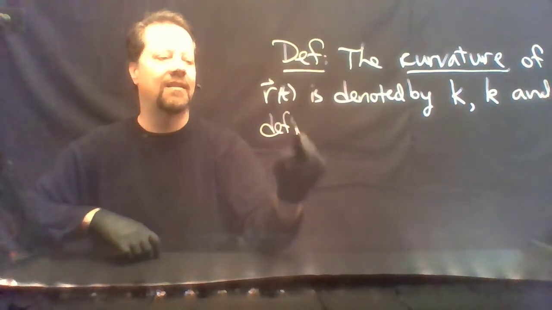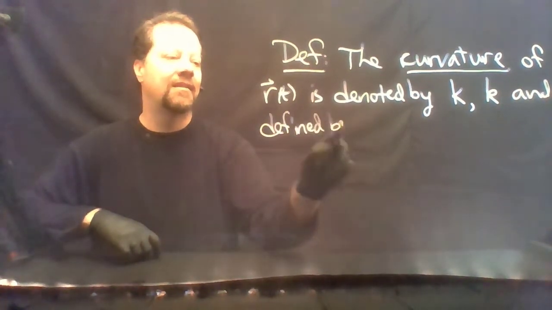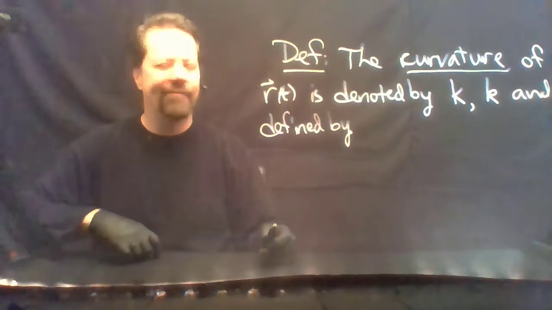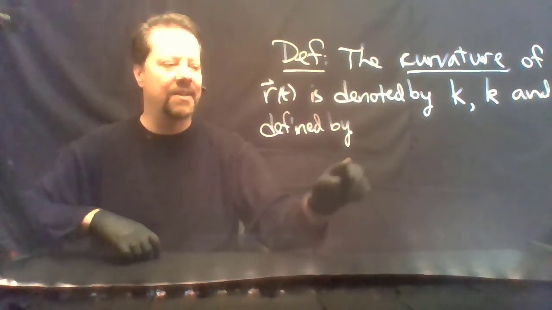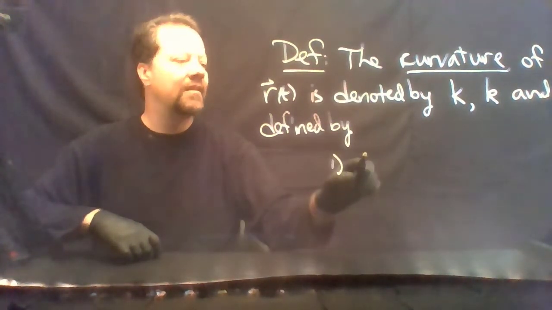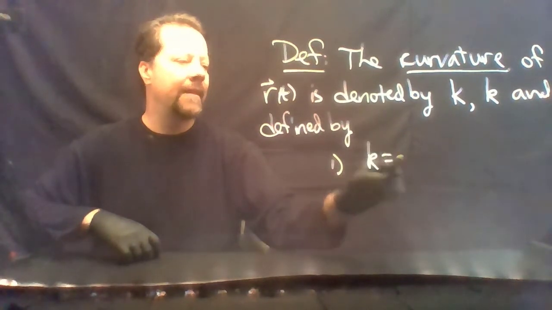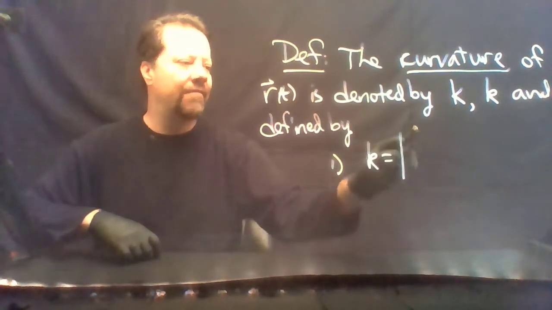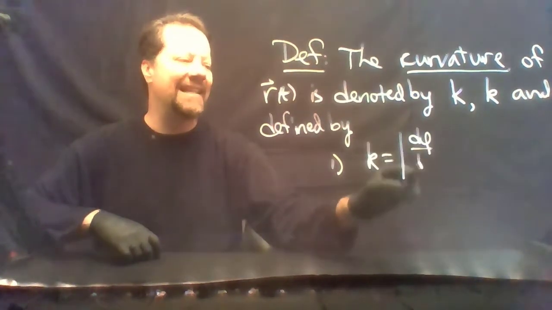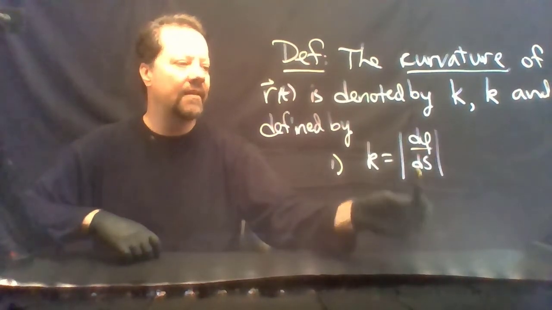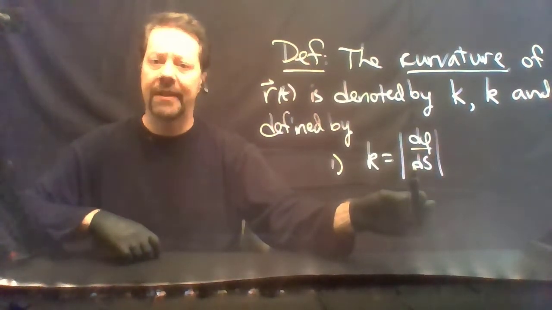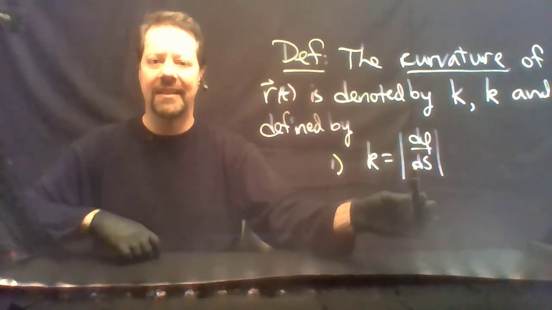and defined by... Now, there are actually two possible definitions. The curvature is the absolute value of d phi ds. You have to take the derivative with respect to a parameter that is geometrically significant.